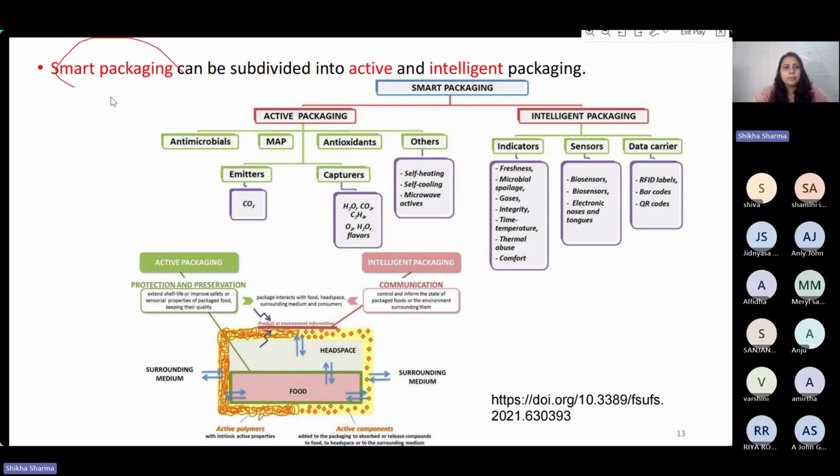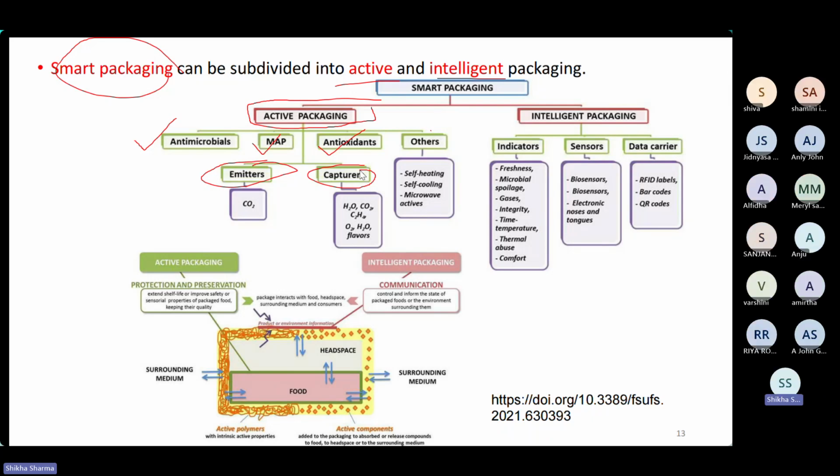Then is the smart packaging, which is divided into two: active packaging and intelligent packaging. Active packaging includes some active agents like antimicrobial agents, modified atmosphere packaging, or antioxidants. And basically some emitters or oxygen capturers will be included in the packaging material.